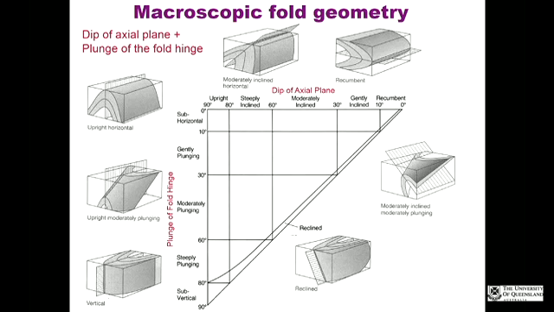All the ones in the middle have names like moderately plunging, steeply inclined, moderately plunging, moderately inclined, just combinations of the fold plunge and the axial plane dip. And then we have a few special names for end members: reclined, recumbent, upright, and vertical.